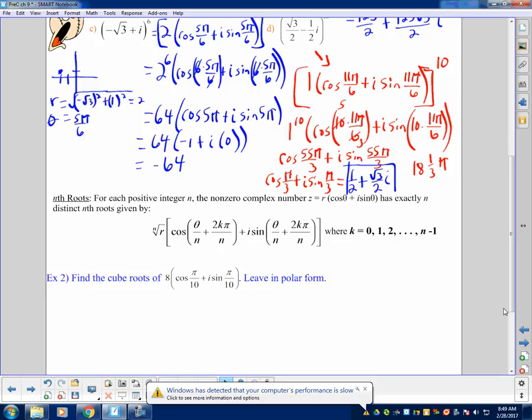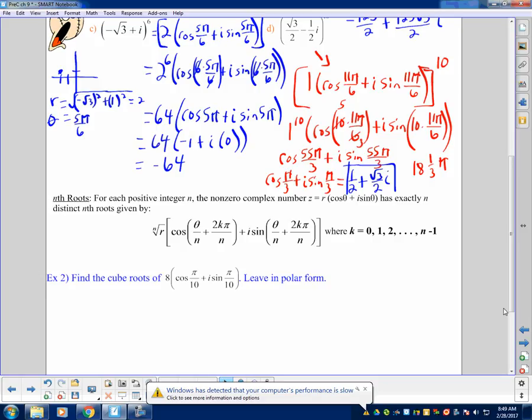So really the way to think about this is it's DeMoivre's theorem, but with rational powers or fractional powers. You're still going to take r to that power, like we did in DeMoivre's theorem, and you're still going to multiply that power by the angle, except that you have to consider that there could be, that's what the 2k pi over n part is, as many as n roots.